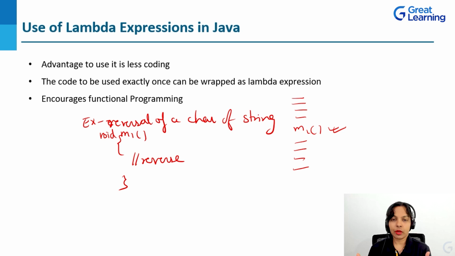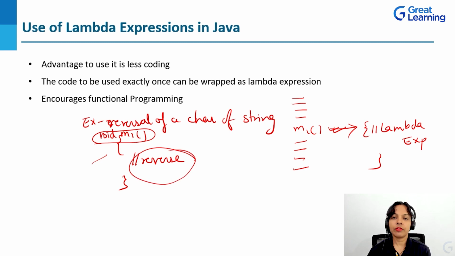So to solve this problem, the concept of Lambda expression was introduced. That is, you can put this code inside a Lambda expression, meaning you don't have to create a separate method. Suppose I am using the M1 method in the code at this point. Here itself I can write a Lambda expression that will contain the same code for reversal of the characters of a string.